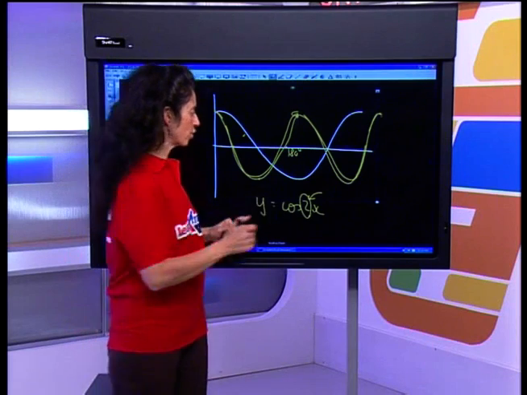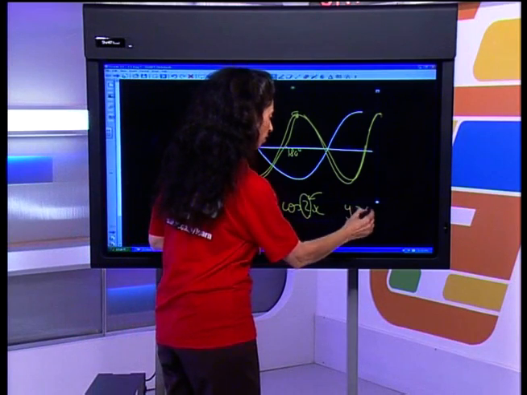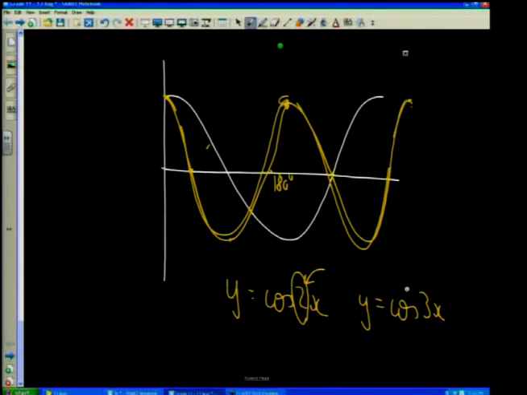So if I had cos 3x, if we just make a prediction, what would happen to cos 3x? We've actually got to get 3 cycles in the 360. So we're going to get 1, and we're going to get another one, and we're going to get another one, which means that our period has changed.